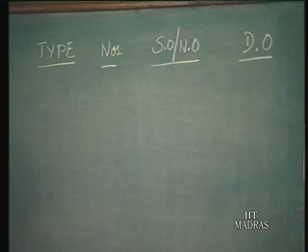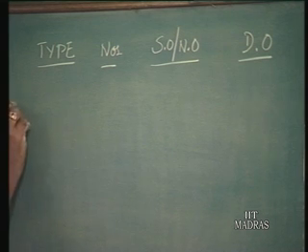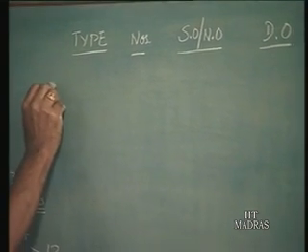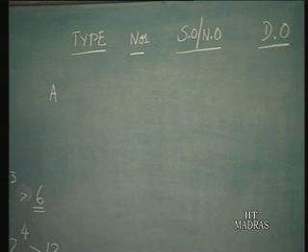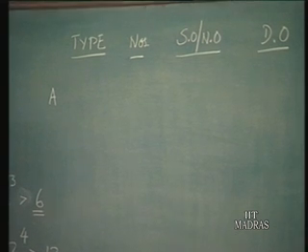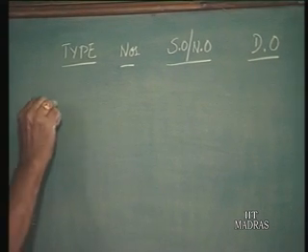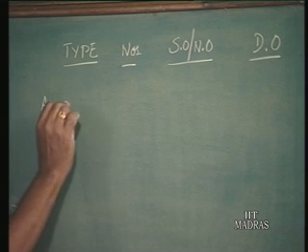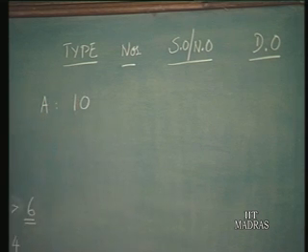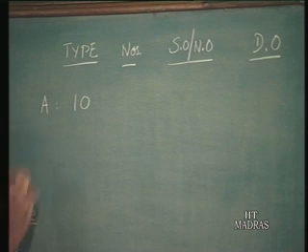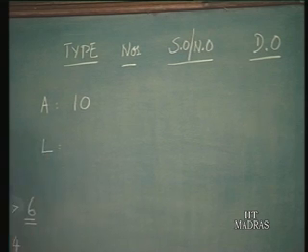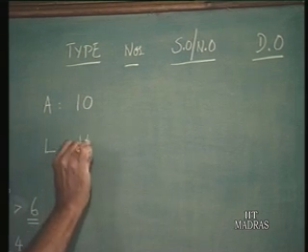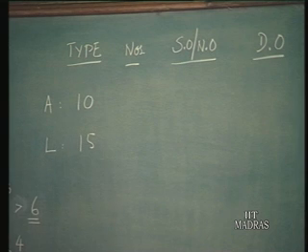Now, first the arithmetic type of instructions, actually it does not matter what it is, arithmetic, logic, data moving, branch, control. Okay. Now, arithmetic type, it is given that the CPU must support 10 instructions, and then logic type, the CPU must support 15 instructions. Okay.